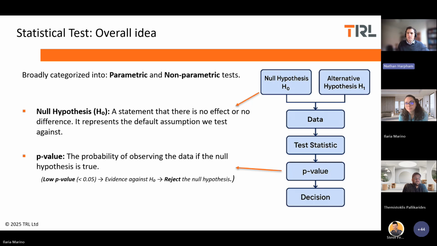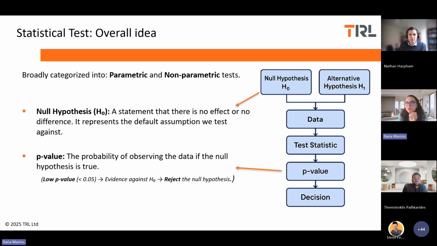Stats tests can be grouped into those two categories. They're either parametric or non-parametric. Poisson tests are an example of a parametric test. Chi-squared tests are an example of a non-parametric test. And if you're trying to choose which stats test to use, you'll often go through the process of figuring out: can I use a parametric one or do I need a non-parametric alternative? So that's where it fits in with stats testing.